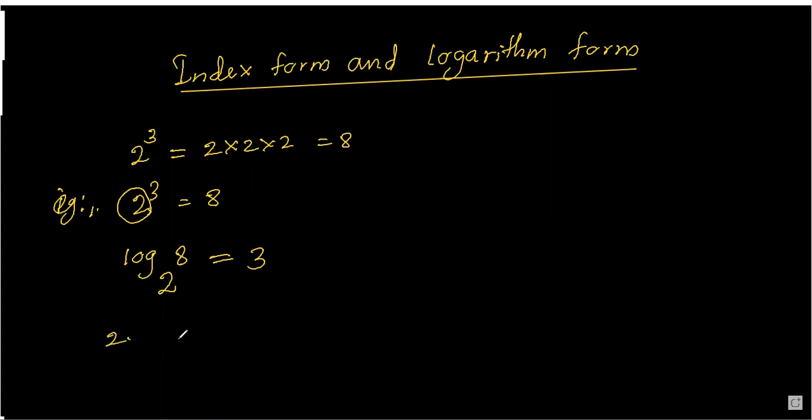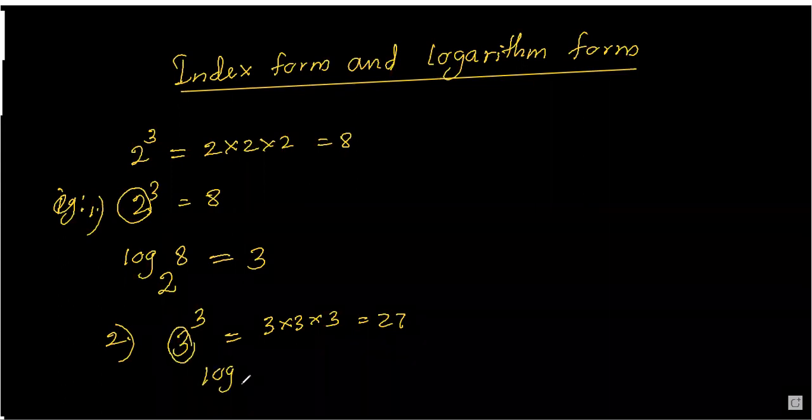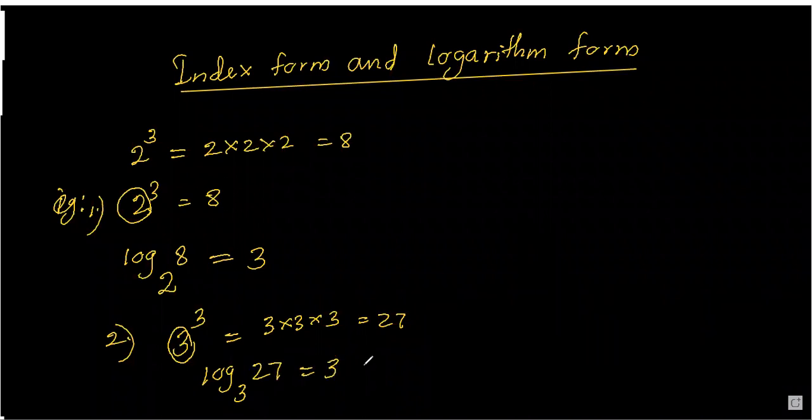I just write here 3 to the power 3 equals, no need to write 3 into 3 into 3, that is 27. So you can write here log, base is here 3. 3 base 27 means answer is 3.